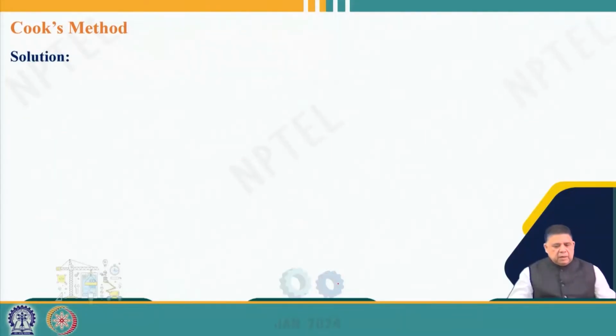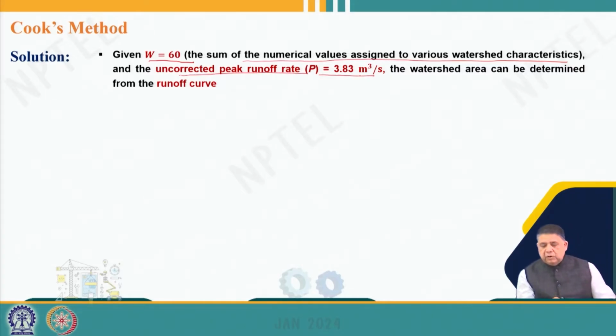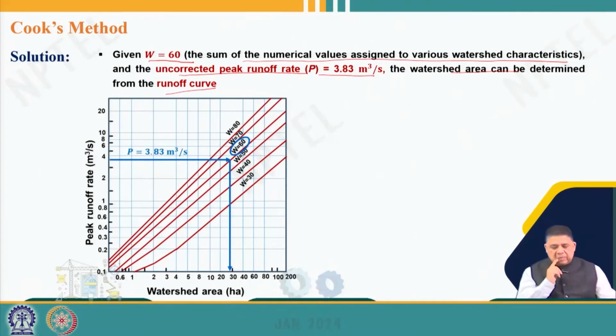Now, given W, the sum of numerical values assigned to various watershed characteristics, and the uncorrected peak runoff rate P equals 3.83 cubic meter per second, we can determine the watershed area using the runoff curve that is used in Cook's method. If you remember, this is the runoff curve we use, where the uncorrected peak runoff rate is related to watershed area, and there are different curves for different W values, that is the sum of numerical values.